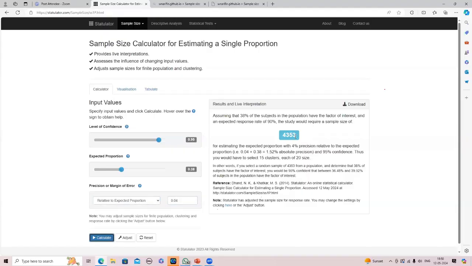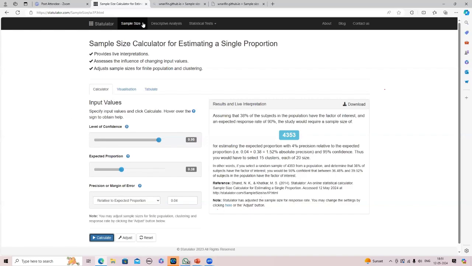So instead of 566, it will increase to 4,356. That is because of your wrong entry. That's why yesterday I told you to take care whether it is absolute or relative form while using the calculator. Generally, this type of error will come.